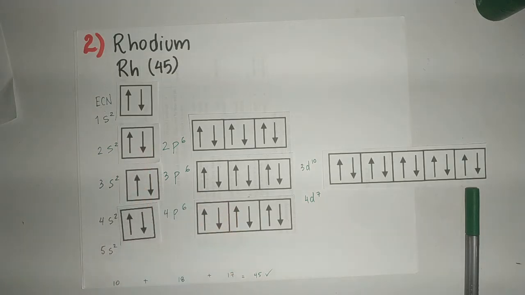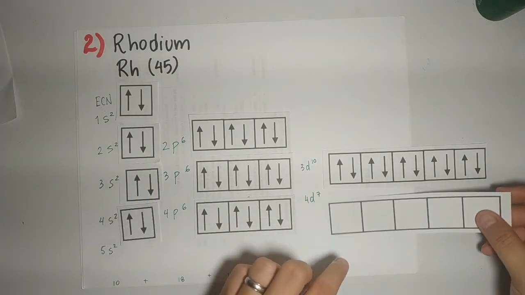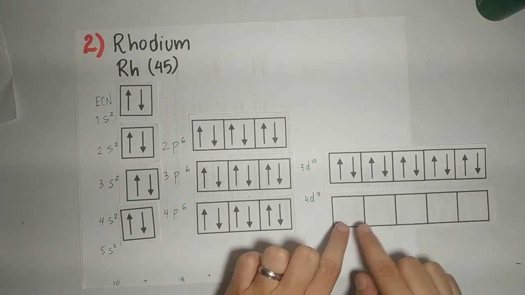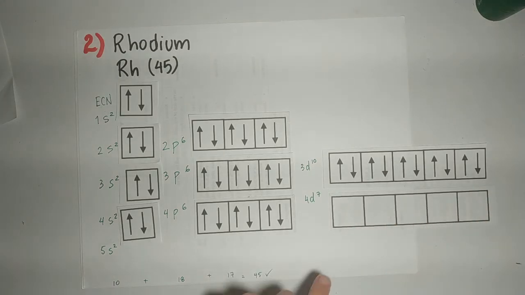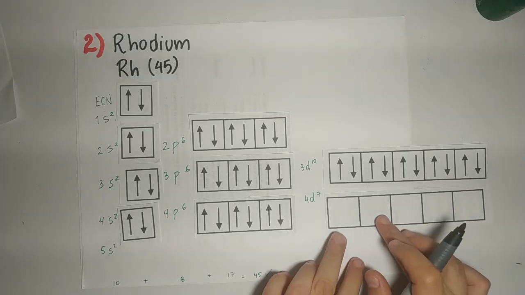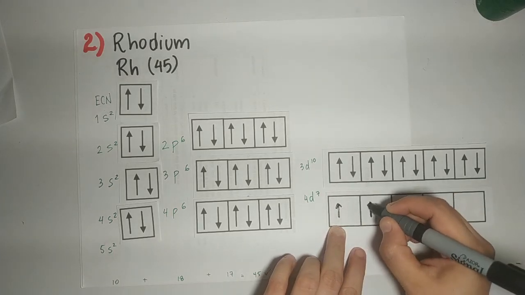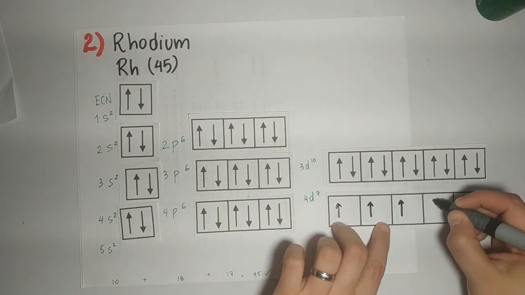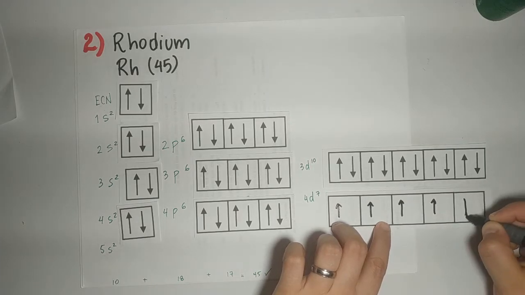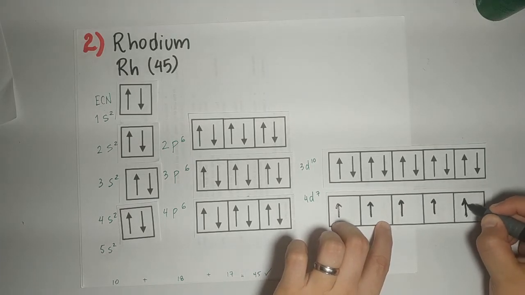In 4d7 I have orbital d, which I'm gonna draw the 5 boxes to hold 10 electrons, but I won't draw 10. I will draw just 7. So first of all, I need to draw upward electrons. 1, 2, 3, 4, 5.